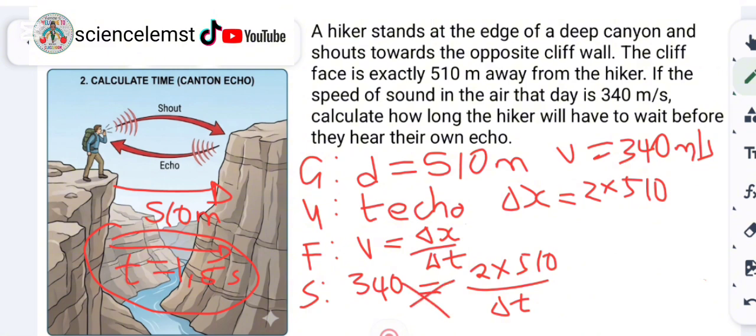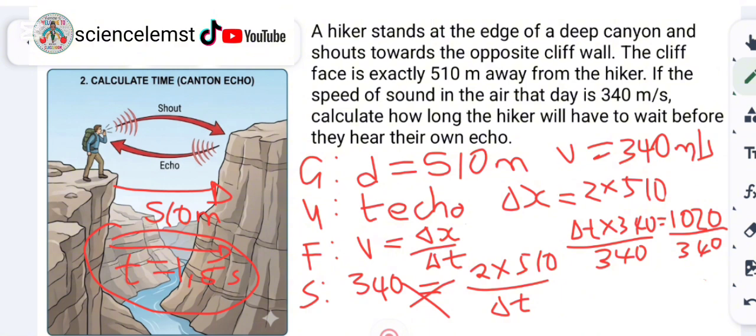Again, cross multiplication, delta t multiplied by 340 is equal to 1020. Where do I get 1020 from? 2 times 510. Then again, mathematical skill, divide both sides by 340. Cancel, cancel. I am left with delta t is equal to what? 3 seconds. So this is the time when I hear what? When I hear the echo.